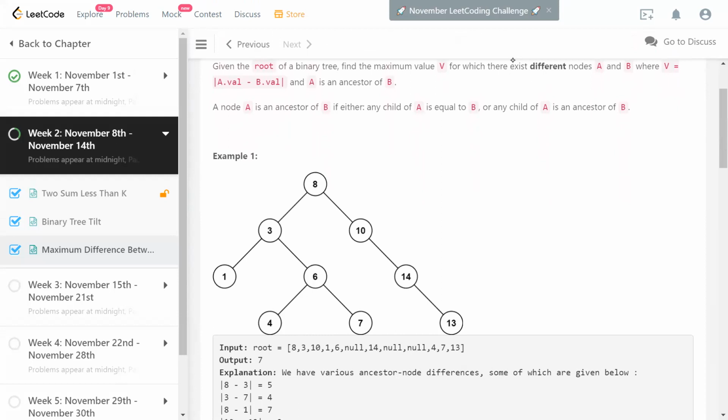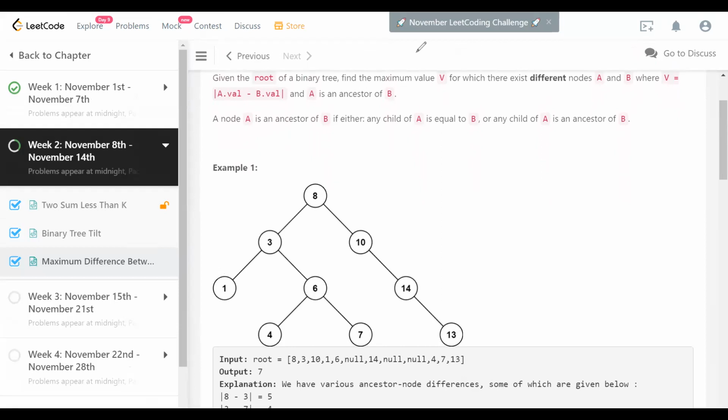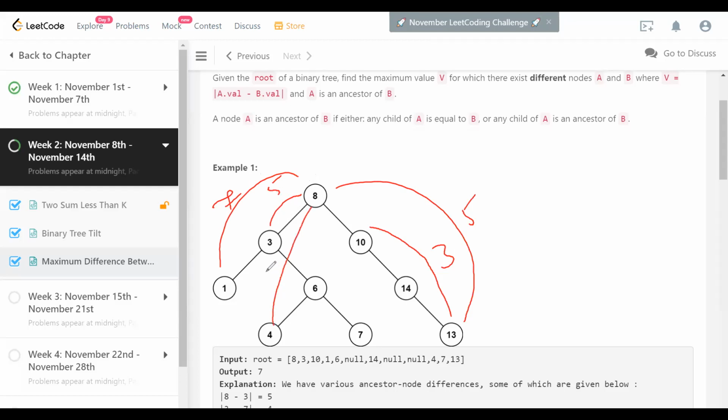So let's go with this example, and there are obviously various pairs of node and an ancestor. If you take a few of them, suppose the difference between 8 and 3 is 5. The difference between 8 and this one is 7, and say 10 and 13 is 3. 8 and 13 is actually 5, and 8 and 4 is actually 4 here.